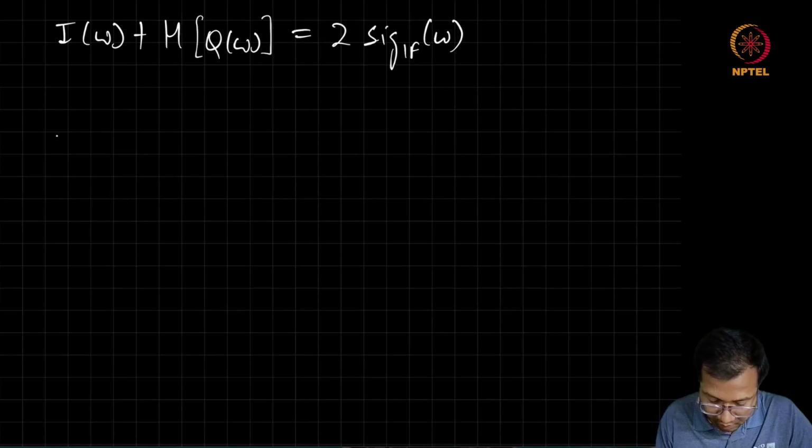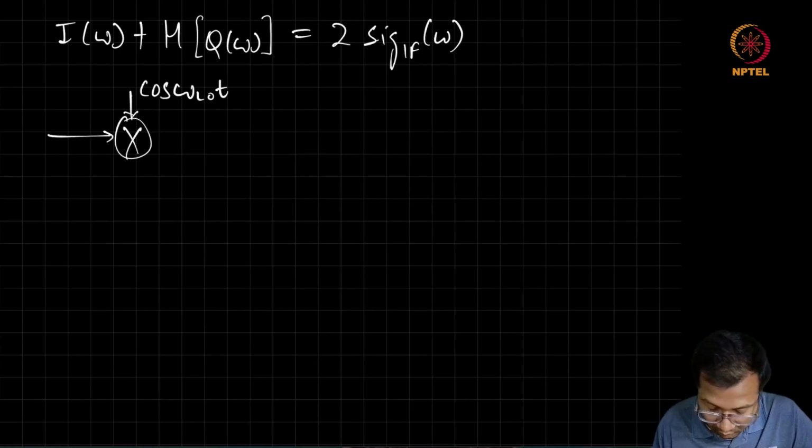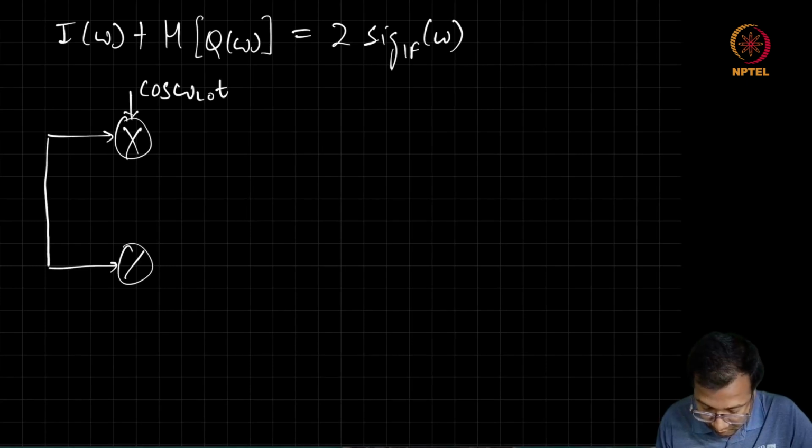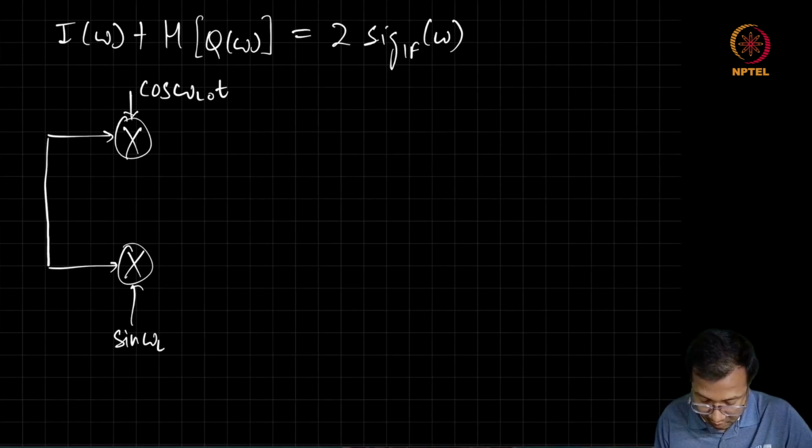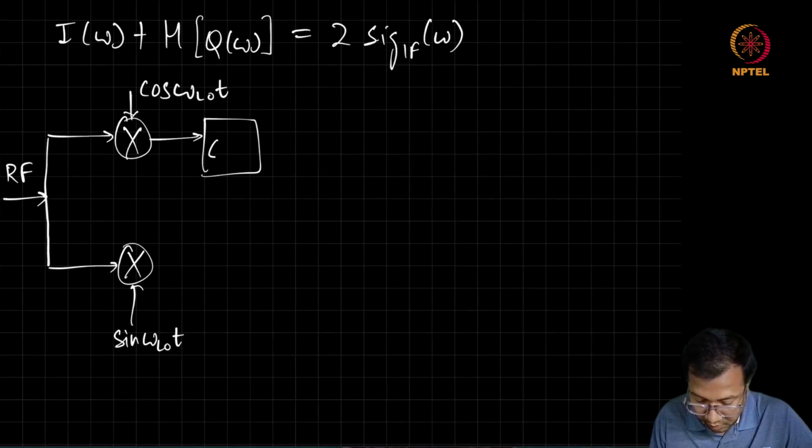So what we are doing is the RF signal we are multiplying with cos omega LO t. In parallel, we are also multiplying the RF input signal with sine of omega LO t. And both of them are passed through a channel select filter.